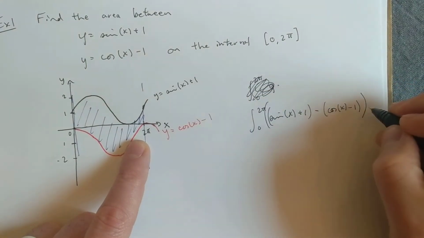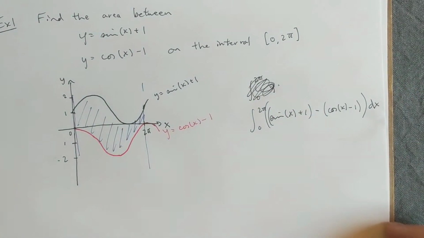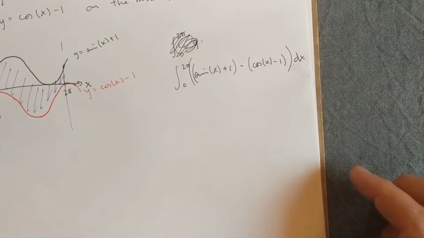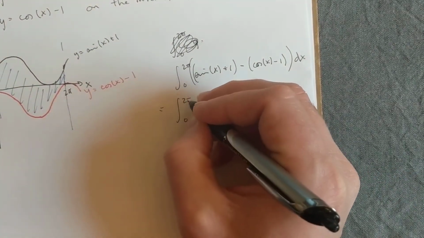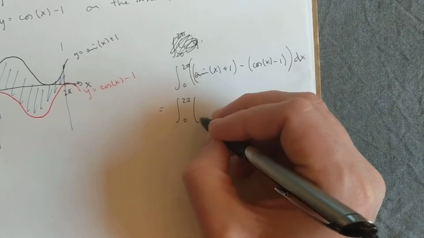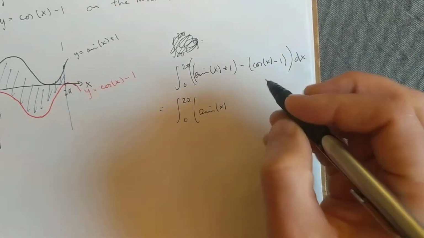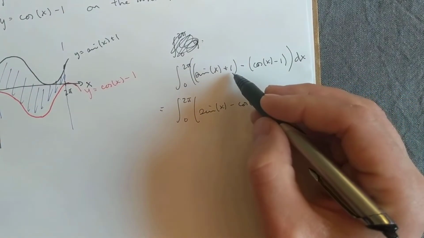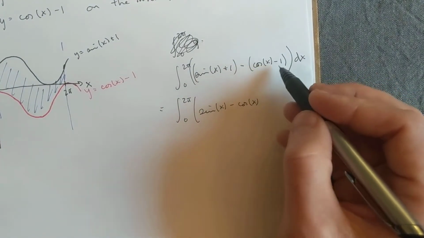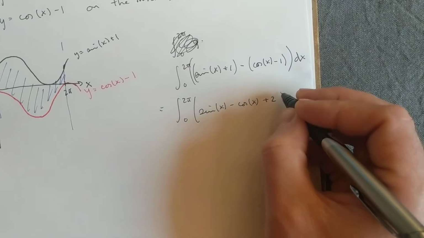And so this is the function I need to take the integral of, the difference of these two things. So let's simplify it a little bit, and then we'll just find the definite integral. Okay, so we have sine of x. This is going to give me a minus cosine of x. And then I have a plus 1 minus a -1, so that's really a plus 1 too, so I'll end up with plus 2.